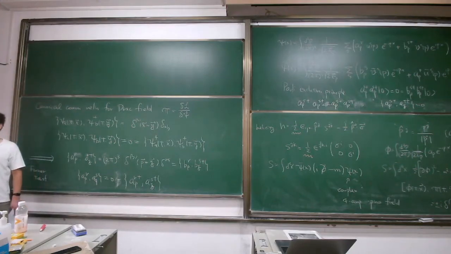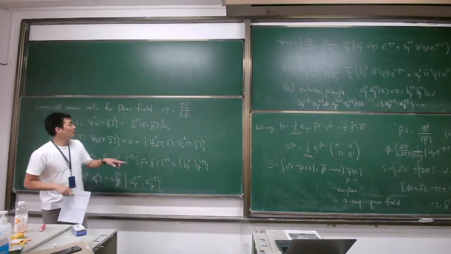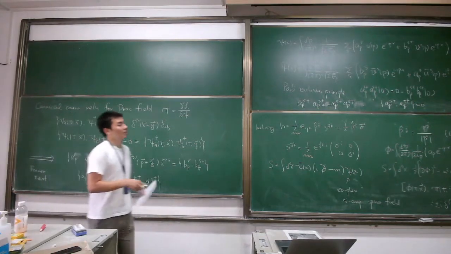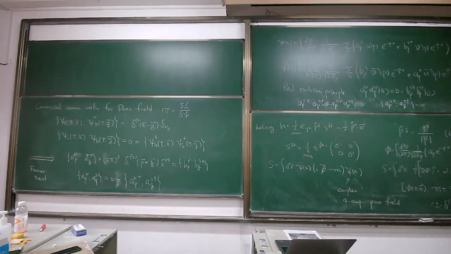Do you understand? When you impose the canonical commutation relation, you impose it on psi and its canonical conjugate momentum, right? So first you have to find it, and we treat this as equal to psi dot.